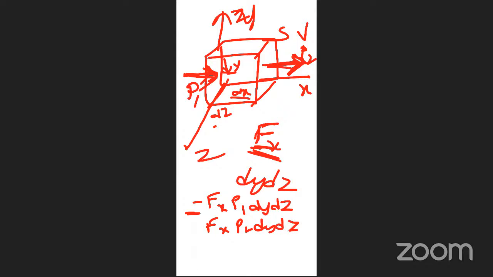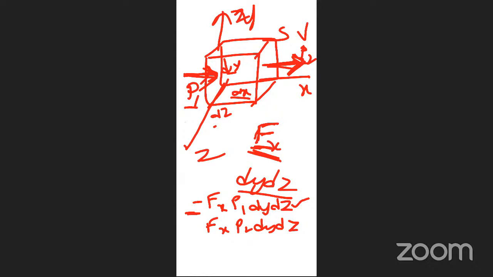So the total flux through the left face and right face is minus Fx at P1 dy dz, where dy dz is the area and Fx is the vector field in the x direction, and P1 is where the flux enters. So the total flux through the left side is minus Fx at P1 dy dz; the minus sign indicates incoming flux.